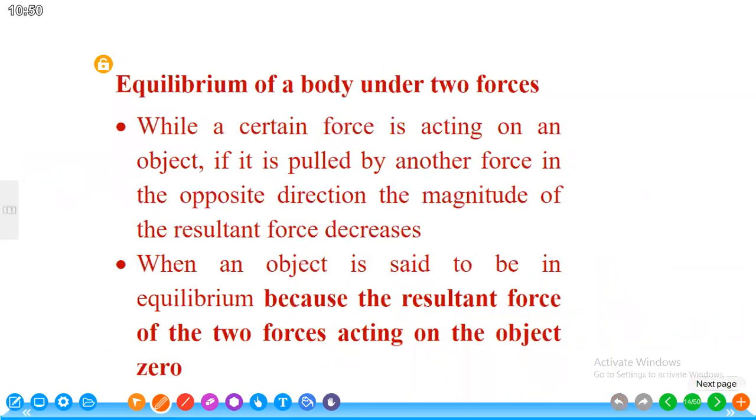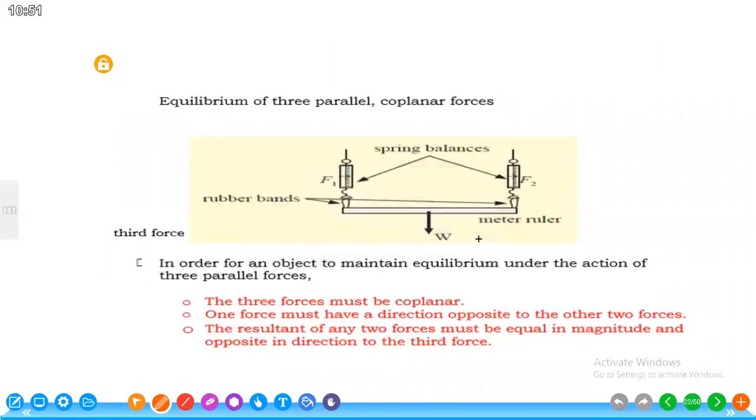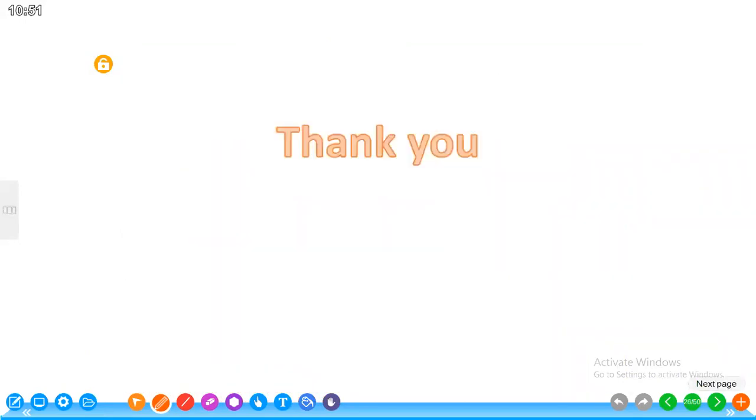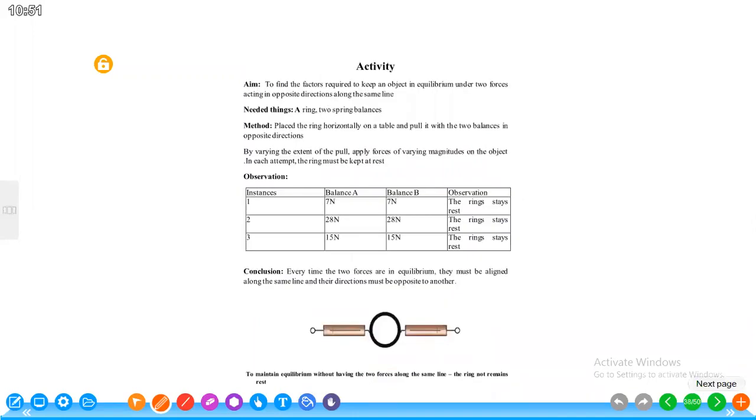Now consider the equilibrium of a body under two forces.